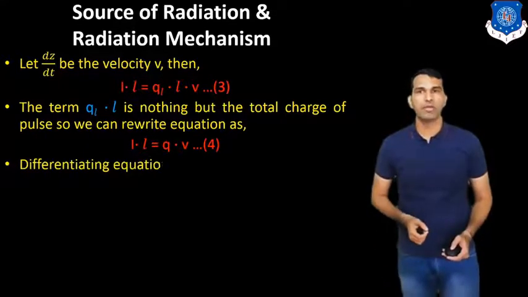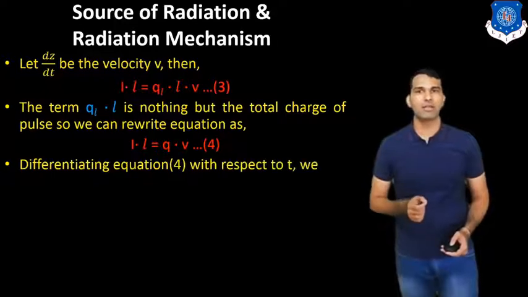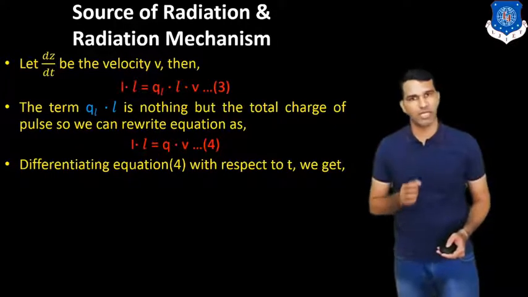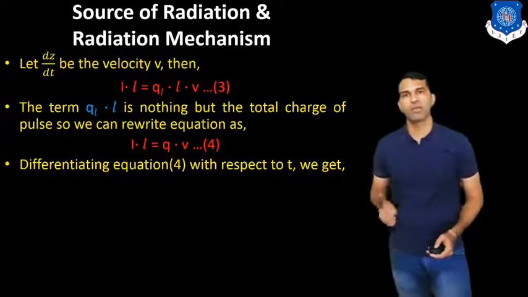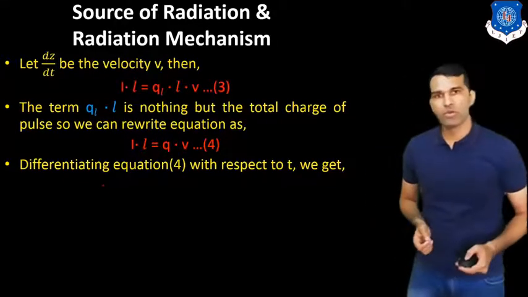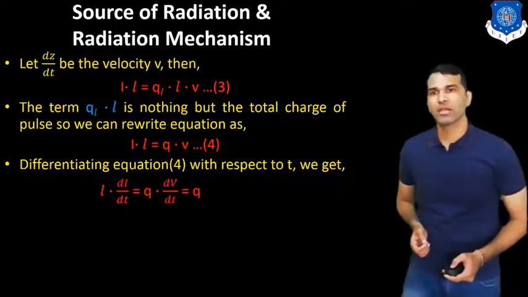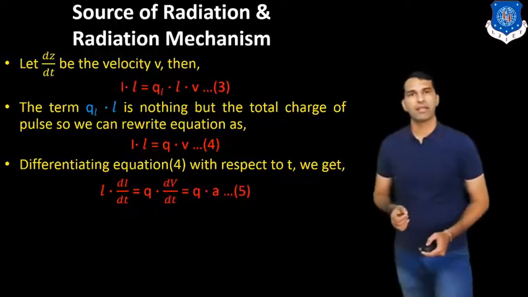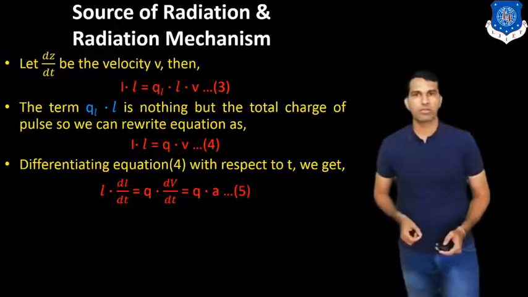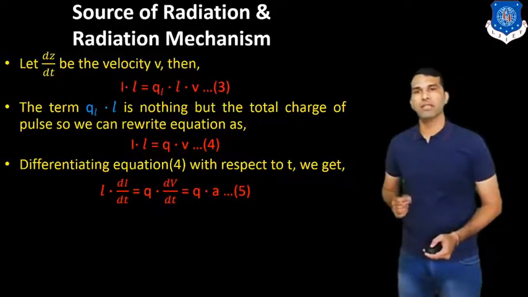Now we differentiate this equation number 4 with respect to t. So we get L di by dt on the left hand side, and on the right hand side Q dv by dt.